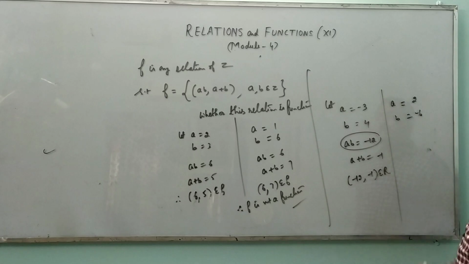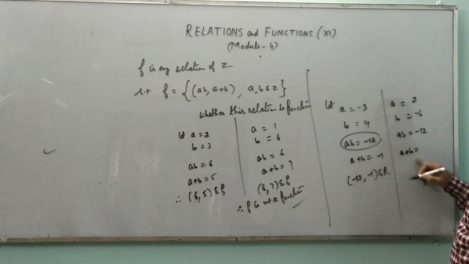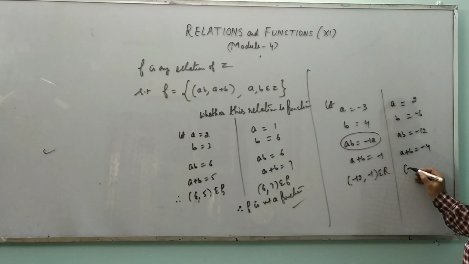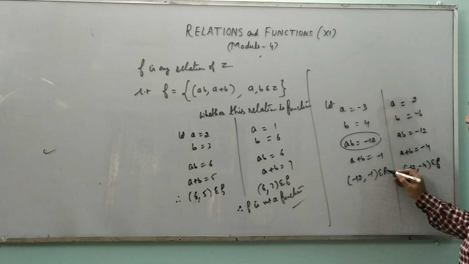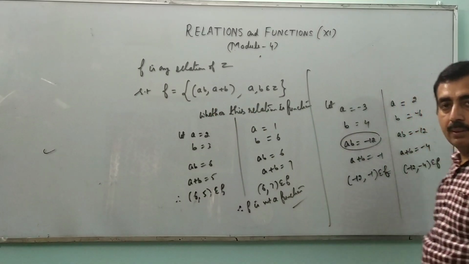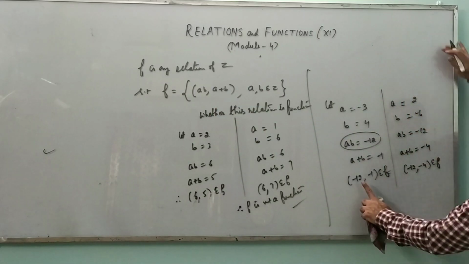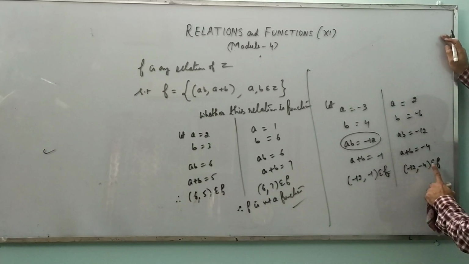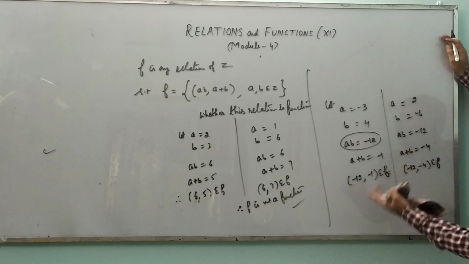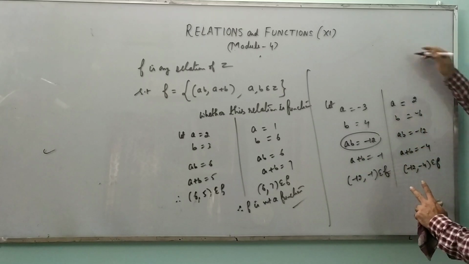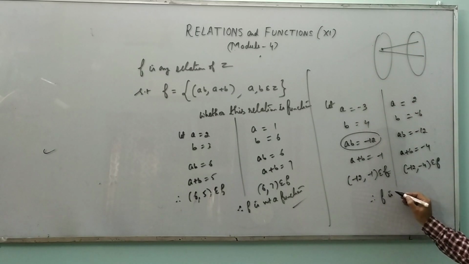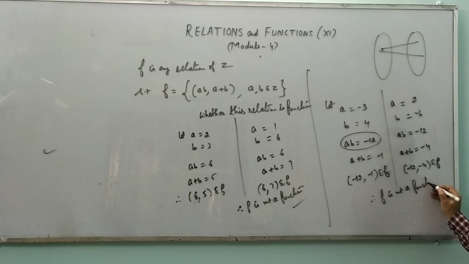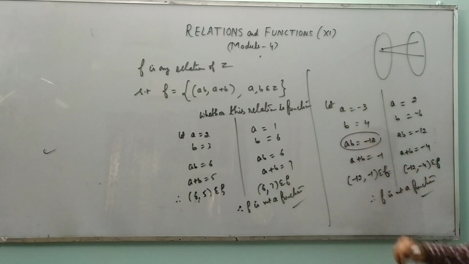Take 2 and -6, so the product is -12 and the sum is -4. So -12 is related with -4, and this also belongs to F. So -12 is related with 1 and -12 is related with -4. So -12 has more than one image, and therefore F is not a function. It is a relation but not a function.